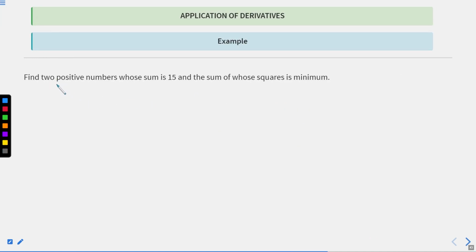Now this question: two positive numbers whose sum is 15. Let's take a number x, then another will be 15 minus x. Sum is this. Now the sum of whose squares, I'm taking this as some function h of x. So a square, 15 square means 225, plus b square means x square, minus 2ab means 30x.